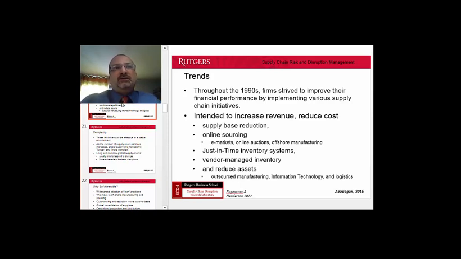Examples are supply base reduction, which is basically working with a lower number of suppliers in general. Of course, sourcing, be it online or otherwise, to outside of the organization. So we have electronic markets and online auctions on the internet and technology side, but also offshore manufacturing, which has caused us to be more distant from the sources of supply.